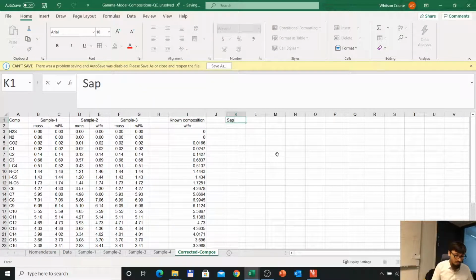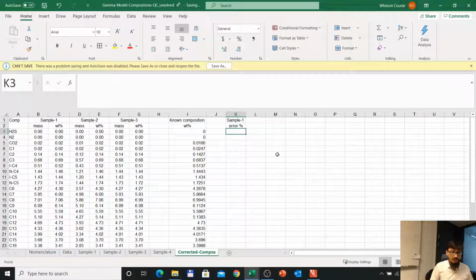For example, sample one, error percentage, meaning how different the corrected composition is with respect to the known composition.